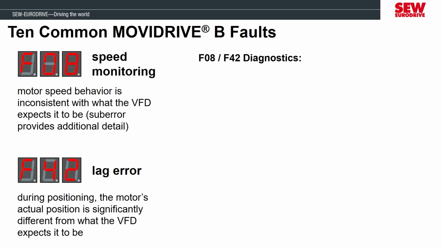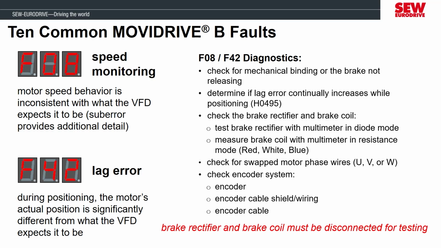After the parameters, the next thing to check would be mechanical and electrical components. Oftentimes, the F08 and F42 is caused by something mechanical in the application, causing the motor to bind and draw excessive current. These can be the brake on the motor, the brake rectifier, reversed motor phases, or bearings and gears on the machinery.